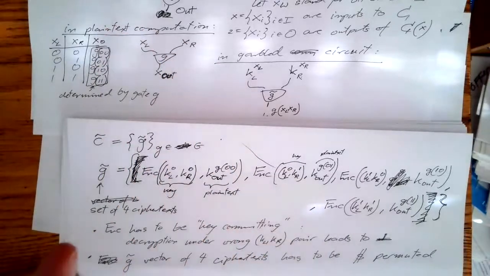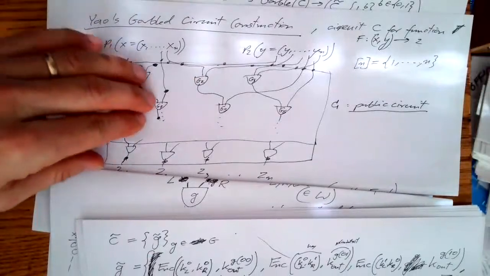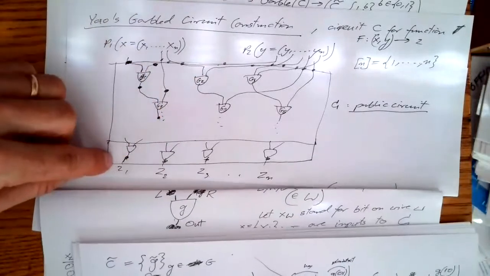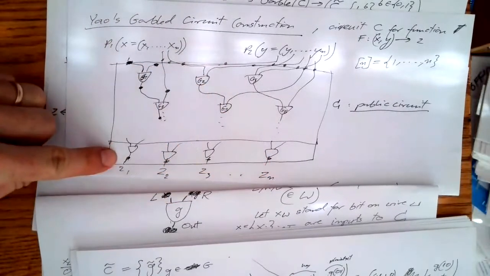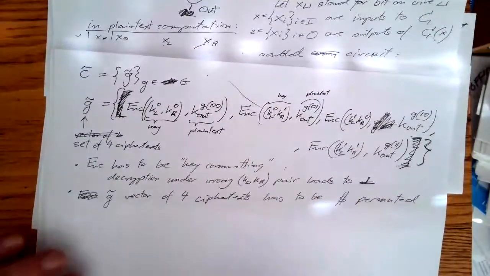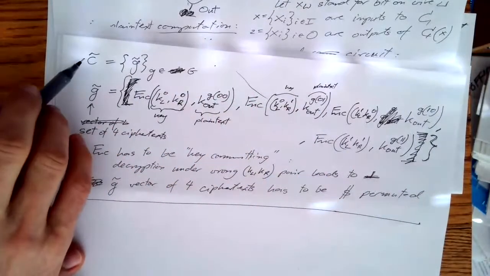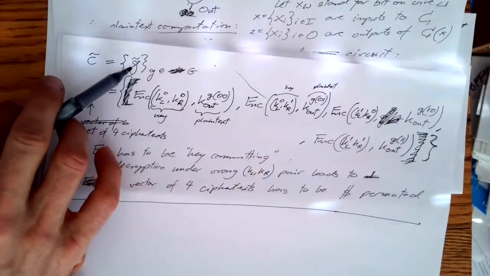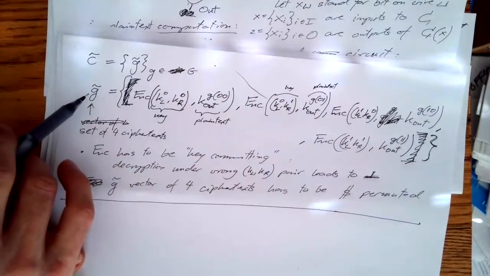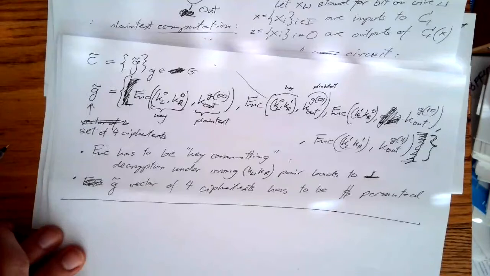Throughout the computation, the evaluator should be kept in the dark of what the real bits are, and the only bits the evaluator would be able to decipher are those corresponding to the output wires. Okay, so this actually we're done. This is the garbled circuit construction. You're simply garbling each gate. A garbled gate is a 4-tuple of ciphertexts, and here you see what this 4-tuple is.